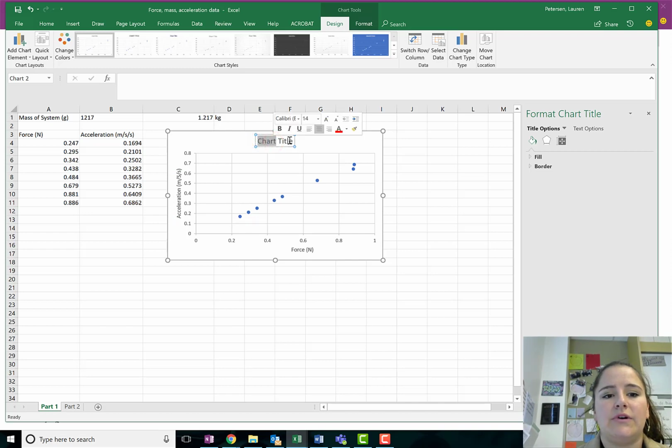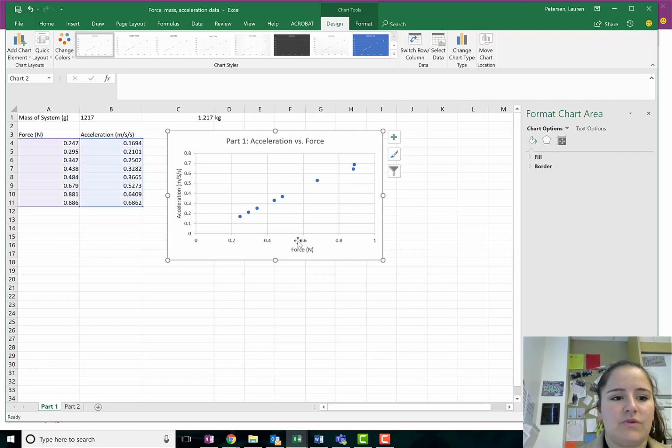And I'm going to go ahead and title it with part 1, which was acceleration, our y-axis, versus force, our x-axis. Okay, so we have our data there. We have our axes labeled.